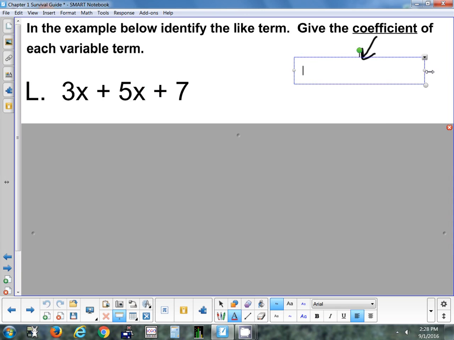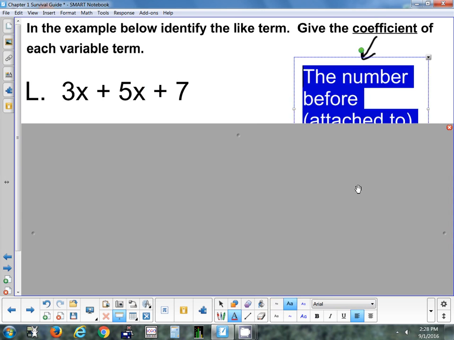Josh, what do you got, buddy? It's the number before the variable. Yeah, the number before the variable or the number attached to the variable. If there's no variable, it's just a plain old number, then we don't have to worry about it. The coefficients are only going to be the numbers that are attached to the variable.